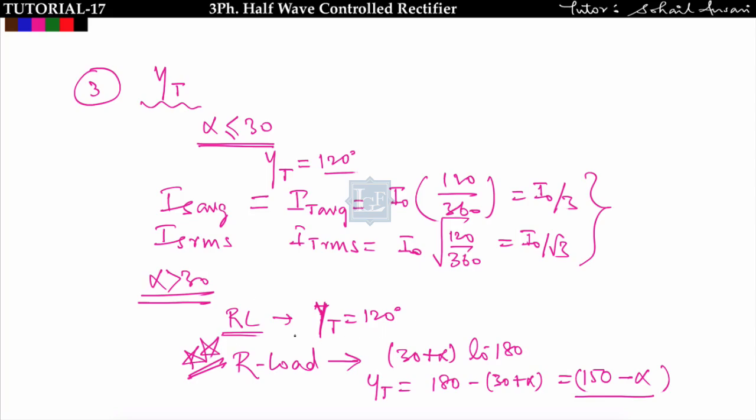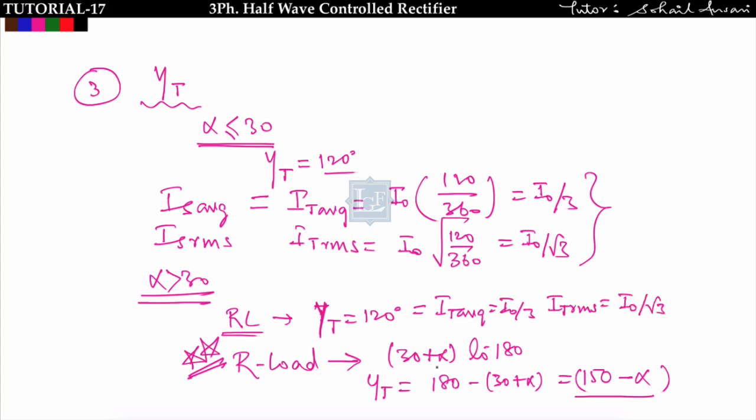But for RL type of load, for any triggering angle, the conduction angle of thyristor will be equal to 120 degree. So in this case, IT average is equal to I naught by 3, same as above, and IT RMS will be I naught by root 3.